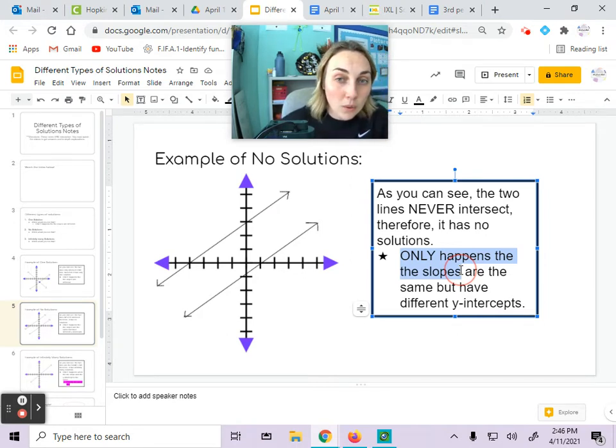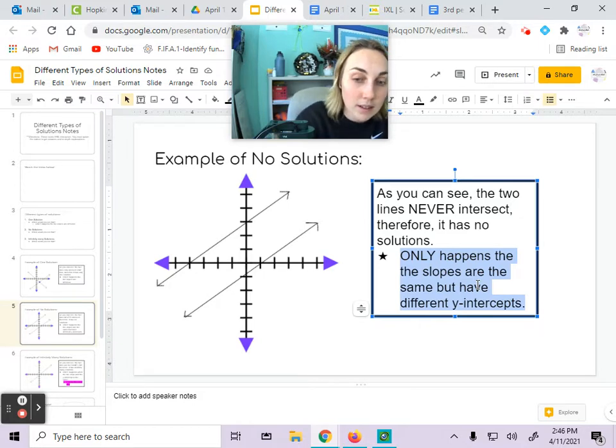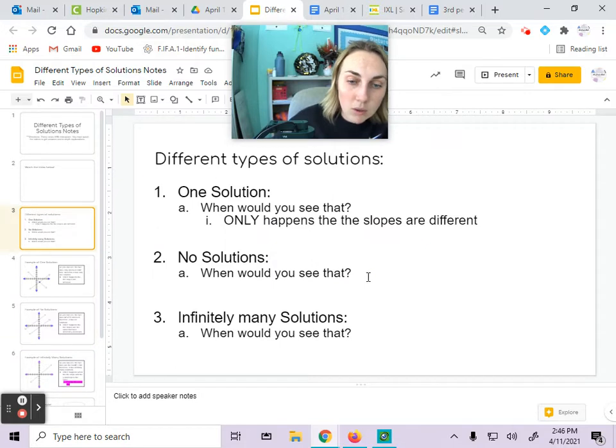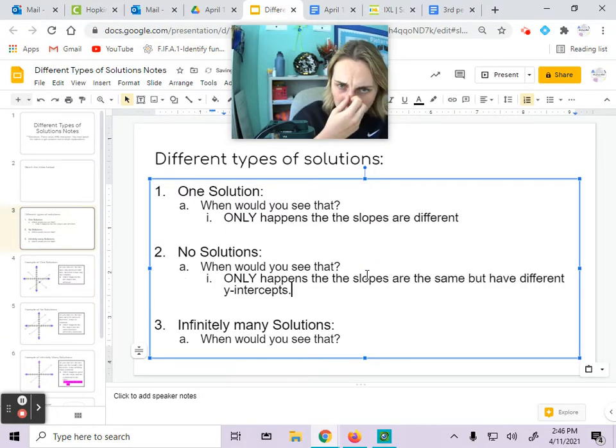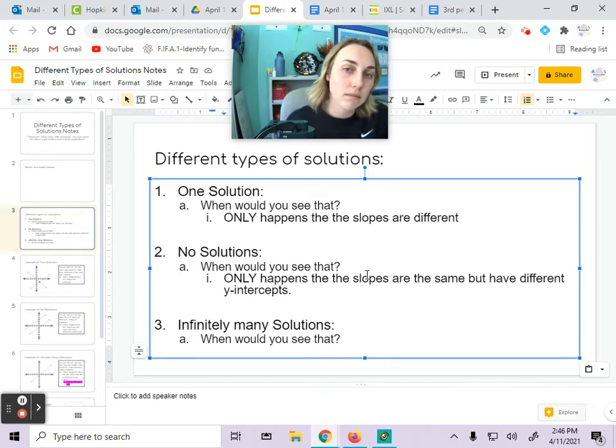If you see two equations with the same slope but different y-intercepts, that's going to be an example of something with no solution. So you can look at your equations and ask, do these have the same slope? If they do, and they have two different y-intercepts, they're never going to meet up. Therefore, they're never going to have a solution. And you don't have to do any graphing. You can just observe that, and then you're done.